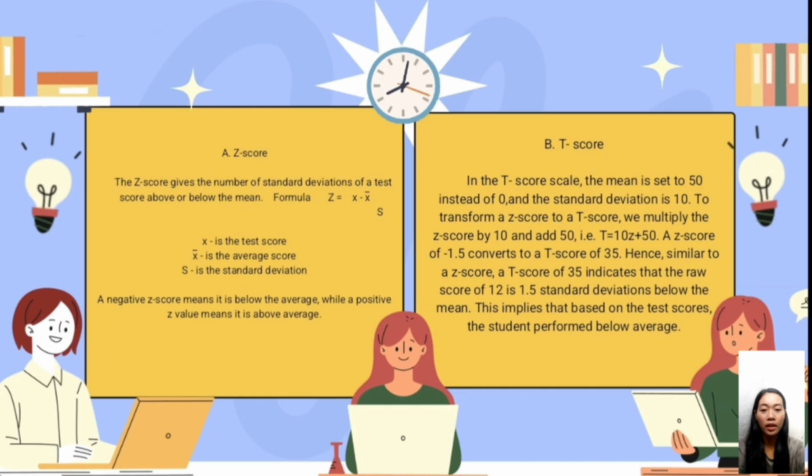For example, in a 50-item math test where the mean is 25 and the standard deviation is 10, a score of 35 has a Z-score of 1, which means that it is one standard deviation above the mean. So it is obvious that the student's score belongs to the upper 50% of the norm group.